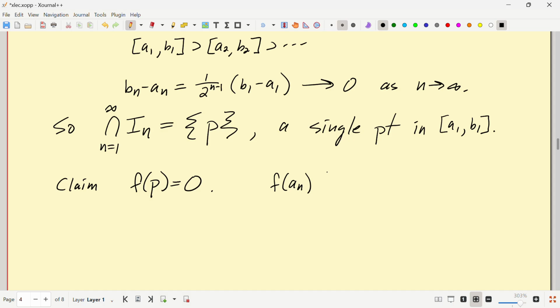Yeah, the left ones are always negative, and the right ones are always positive. So f of an is less than 0. F of bn is greater than 0. And the an's and the bn's are both tending to p.